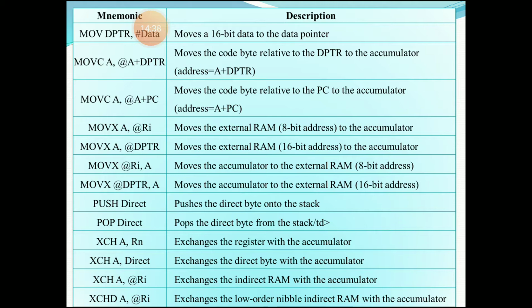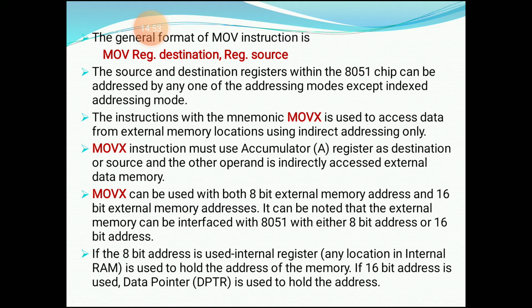Next, XCHD A, @Ri. This instruction exchanges the lower 4 bits, the lower order nibble, of register A with the address specified in the instruction by Ri. The general format for the move instruction is MOV destination, source. The source and destination registers within the 8051 chip can be addressed by any one of the addressing modes except indexed addressing mode.